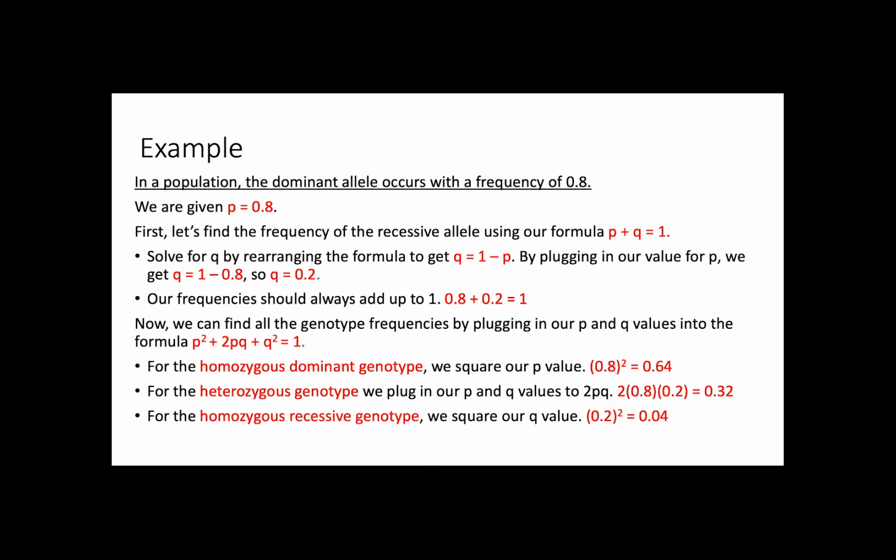For the homozygous recessive genotype, we square our Q value to get 0.2 squared equals 0.04. Just like the first equation, our frequencies should always add up to 1, so we can add our results to see if we are correct. 0.64 plus 0.32 plus 0.04 equals 1, so we know we are correct.